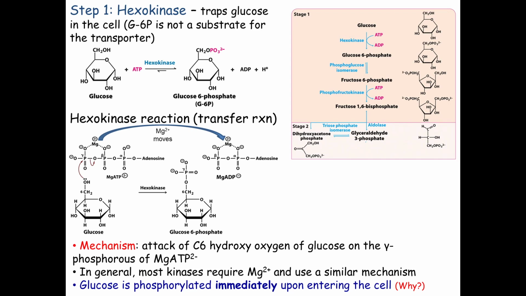So yes, it's an investment of ATP, but I'm going to get it back later. Okay, so why is glucose phosphorylated immediately upon entering the cell? So it will not leave. Okay, so once the glucose enters a cell, that's that cell's glucose. It will not leave, with the rare exception of maybe a liver or a kidney cell later. But if we're thinking muscle cell here, that glucose is never leaving that cell. At least not as glucose.